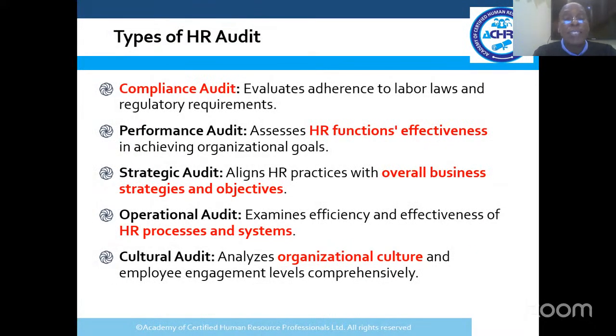These strategies can be classified into three categories. One, growth strategies. Two, maintenance strategies. And three, harvest strategies. So as HR managers, we are going to look at all these strategies and try to align our practices to all of them.